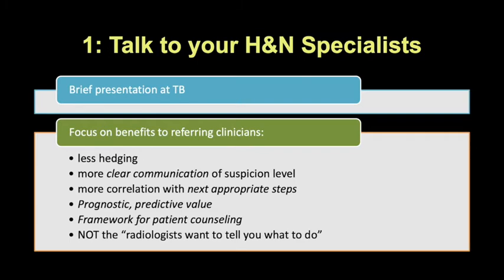Notice we're not telling them the next appropriate step, but we're helping to map that with our level of suspicion. You can show them the number of studies that have looked at the prognostic and predictive value and how you can use this as a framework for patient counseling.